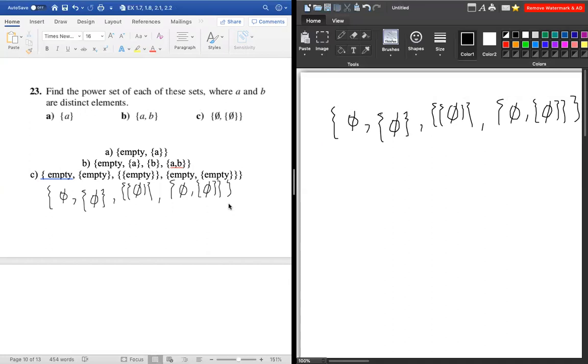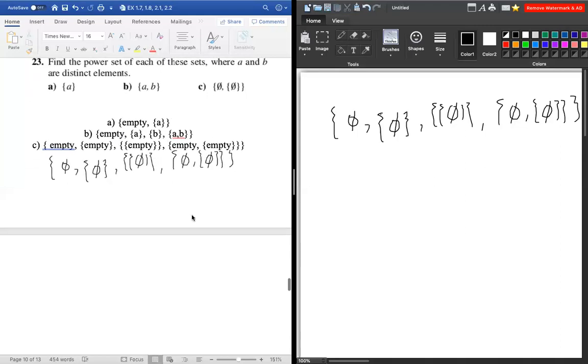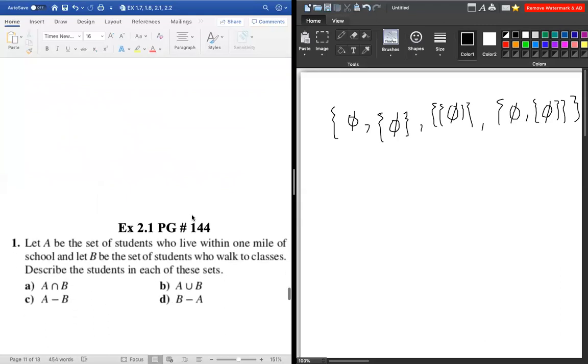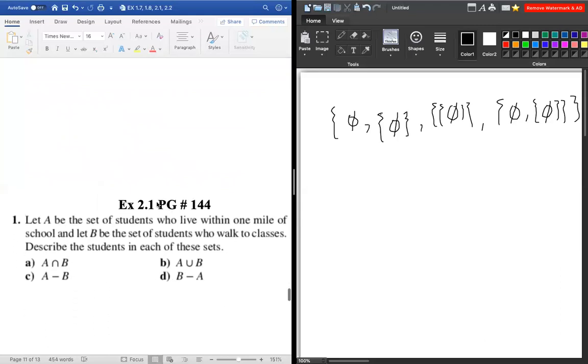Questions? Okay, if no questions, let's move forward. So this is exercise 2.2.